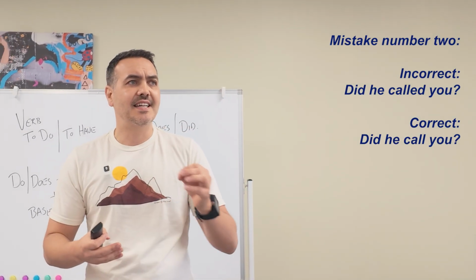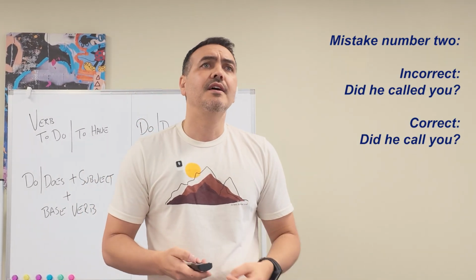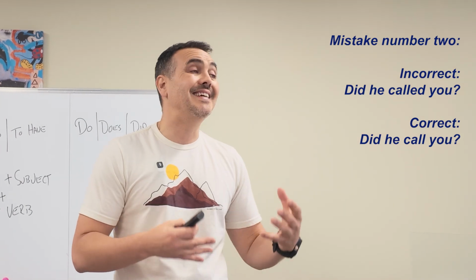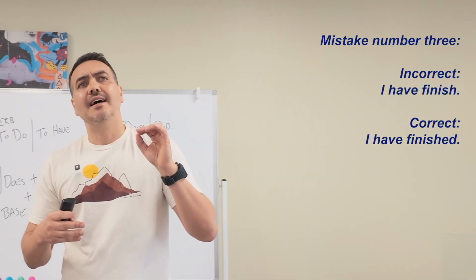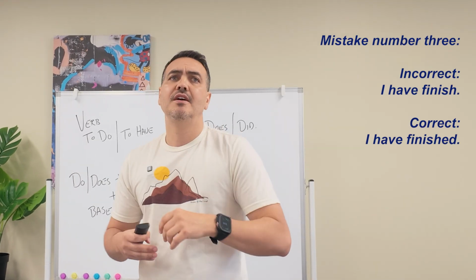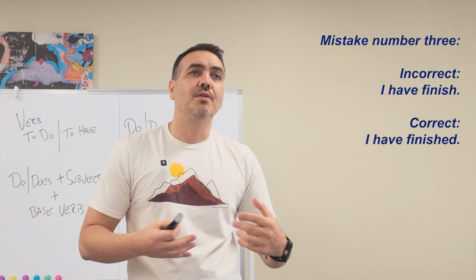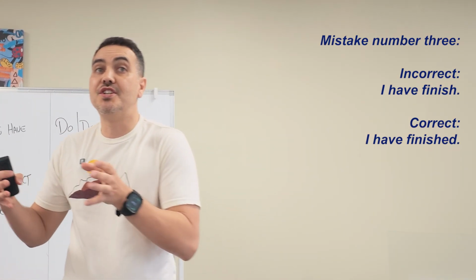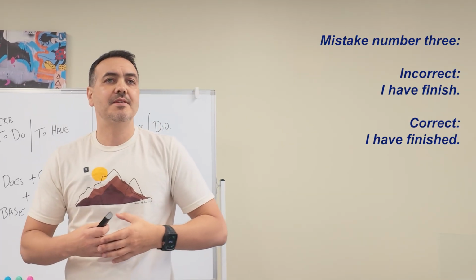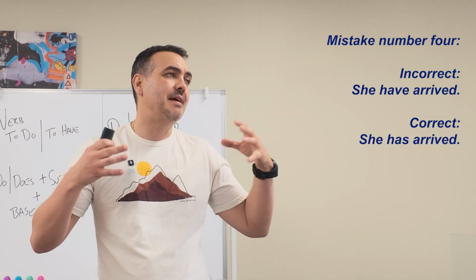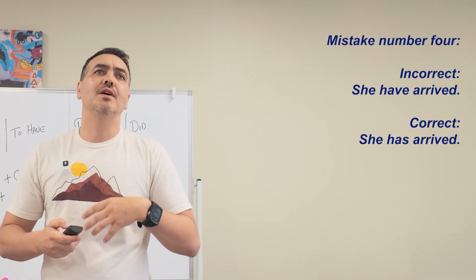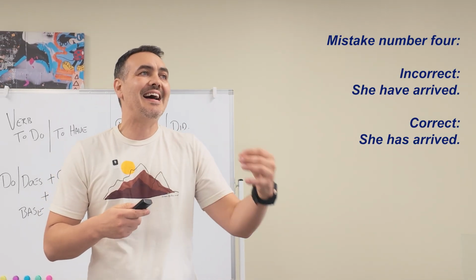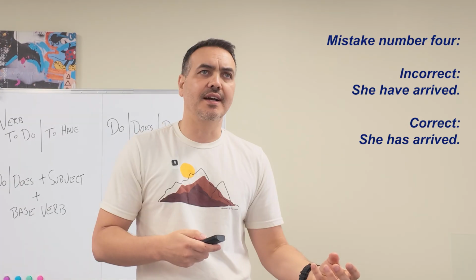The correct way to say it is simply, did he call you? Okay. Mistake number 3 is, I have finish. But in that case, you want to say, I have finished. Okay. And mistake number 4 would be a statement like, she have arrived. Okay, you'd want to say, she has arrived. Okay.